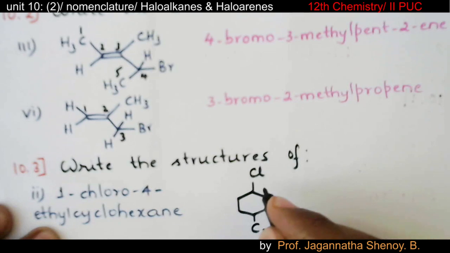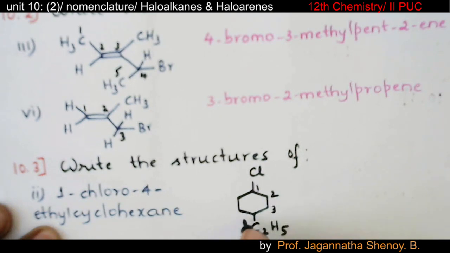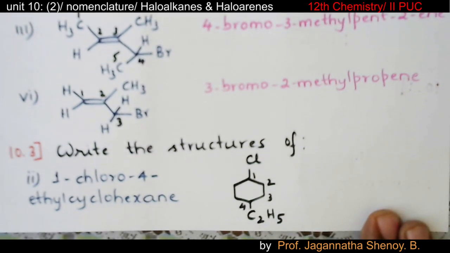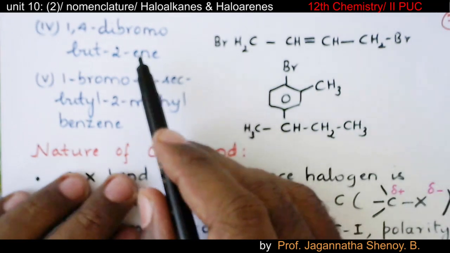If I number this carbon atom as carbon atom number 1, this has to be the second, this is the third, and we have the fourth carbon atom. On the first carbon atom, I have to place a chloro group. On the fourth carbon atom, we have to place an ethyl group. So this is the structure of 1-chloro-4-ethylcyclohexane.